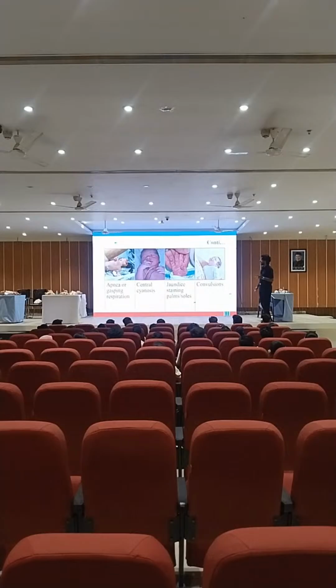Then apnea or gasping respiration, you have to provide assistance in breathing. ऑक्सीजन प्रोवाइड करना पड़ेगा सैचुरेशन मेंटेन करने के लिए. Either you will intubate the baby or will provide any sort of airway access like oropharyngeal airway, nasopharyngeal airway depending on the condition.